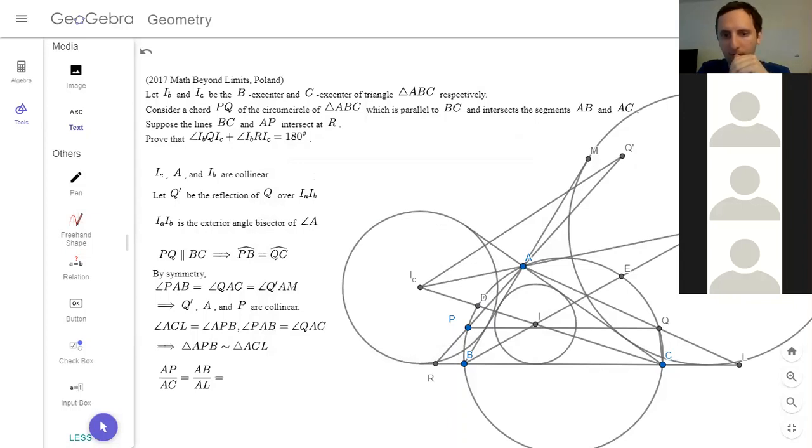Oh, no. We just need the triangle ABR is similar to ACQ. I was thinking about it the other way, like APB is similar to ACL, but that should also work, right? Yeah. But we want to do it the other way because that's how the problem stated.